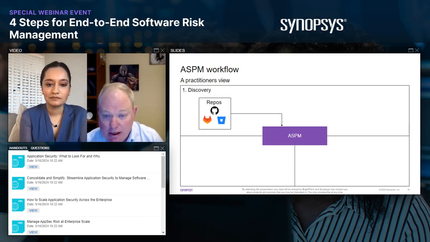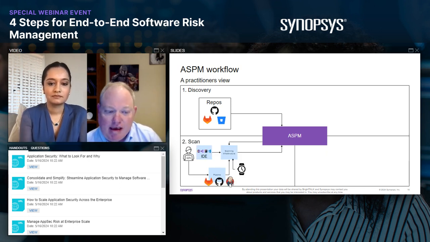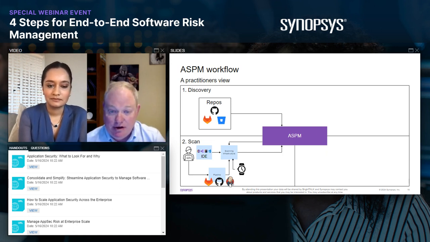Another source might be a CMDB. Often that's the source of truth of the applications, and that can be used as an input into the ASPM of, here are the things that we need to monitor. And then the second thing is figuring out how you want, I talked about ASPM potentially orchestrating the scans, or you could have other things that are orchestrating when and how scans are run and sending that data into the ASPM.